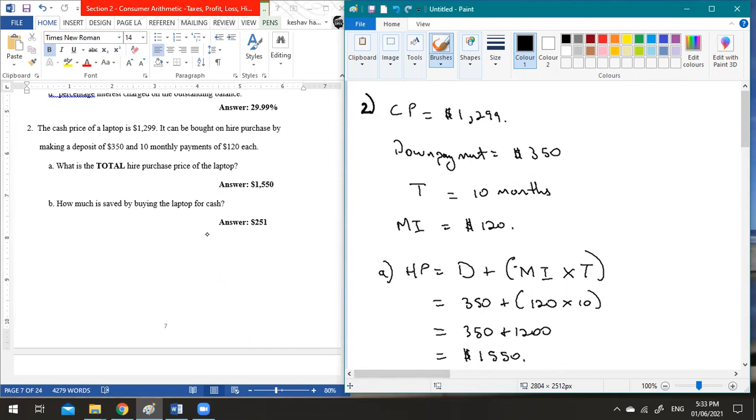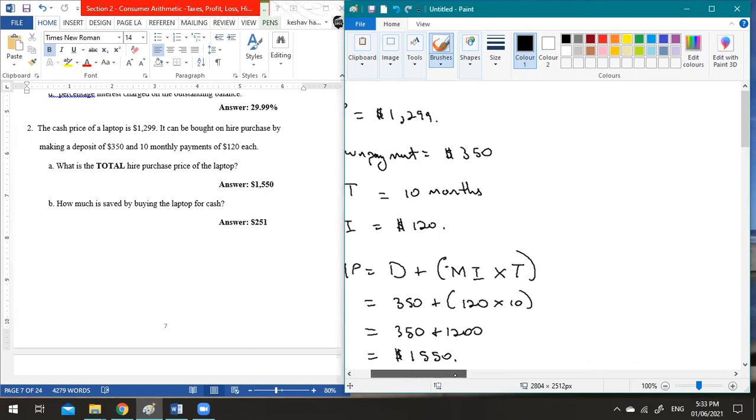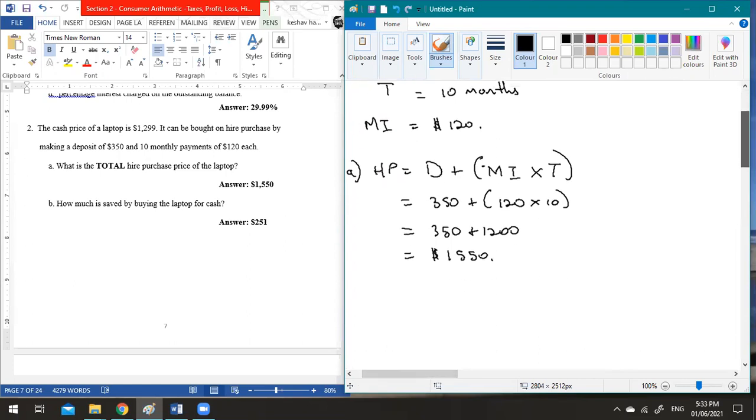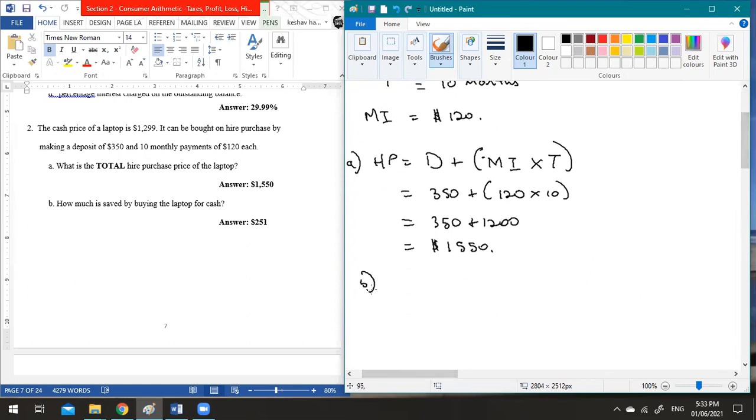Now, how much is saved by buying a laptop for cash? So the savings, or the difference, is the hire purchase price minus the cash price.